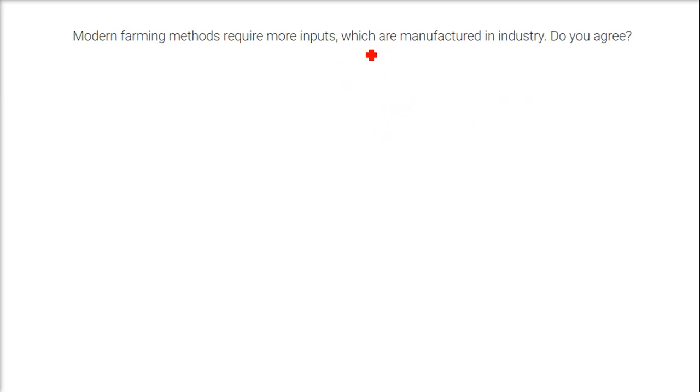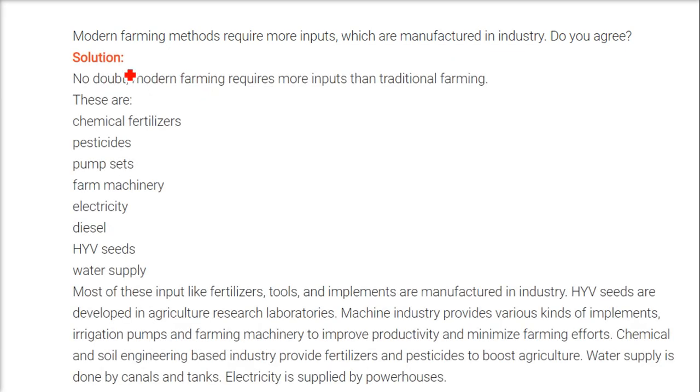Next one is, modern farming methods require more inputs, which are manufactured in industry. Do you agree? So you can say yes, modern farming methods are indeed required, and they are being used all over the country, but they require inputs from industry, which are manufactured in the industry.